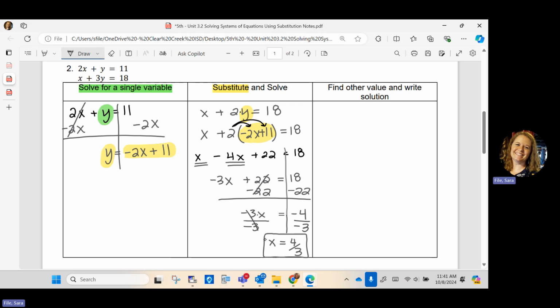I found one of my variables. So now I'm going to go back to that equation right here, this equation where I had solved for y. And I'm going to substitute in x. So instead of x, I'm going to put 4/3.